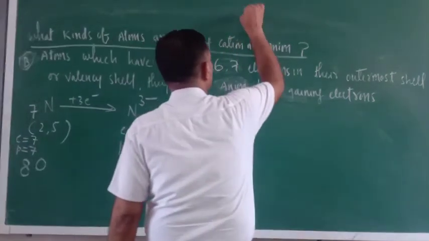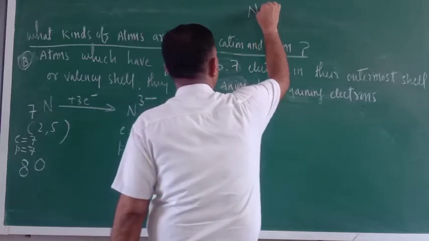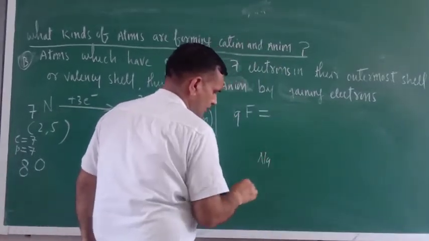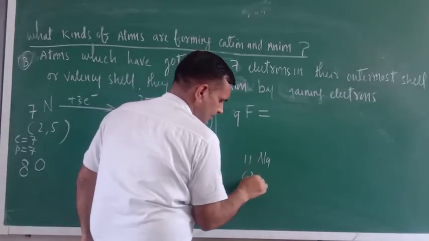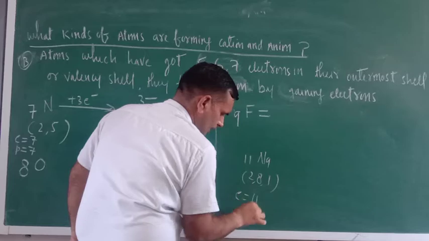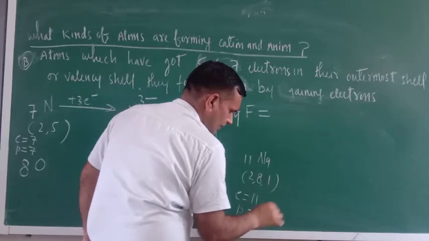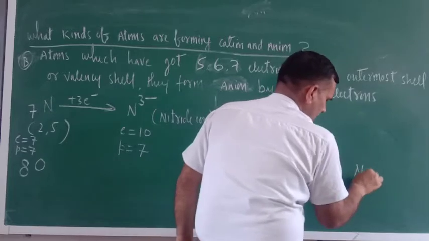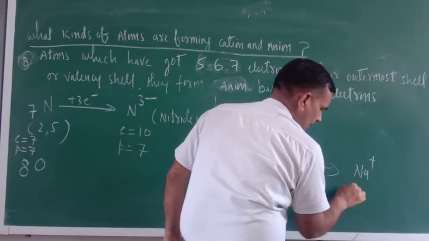But in case of sodium, just see, here I am writing sodium. Try to understand. 11 means 2, 8, 1. Here electron equal to 11, proton equal to 11. But if it loses 1 electron, so here we are writing Na+.